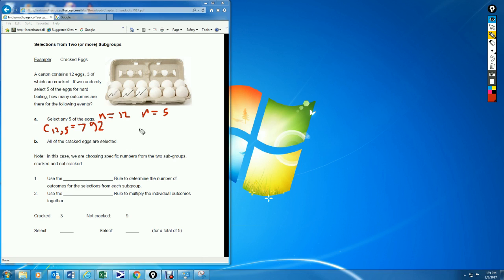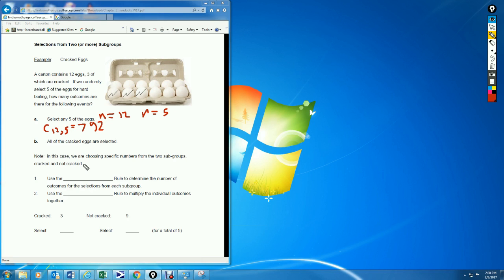All right, so the second part of the question is, all of the cracked eggs are selected. In this case, we are now splitting the question up. There are 2 subgroups, either the cracked eggs or the not cracked eggs. And we want to make a certain number of selections from each group. So we want to count the number of ways to select from each group and then multiply them together.